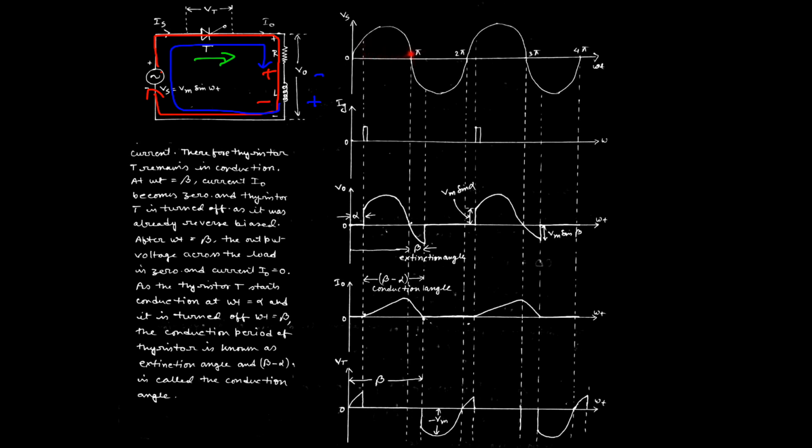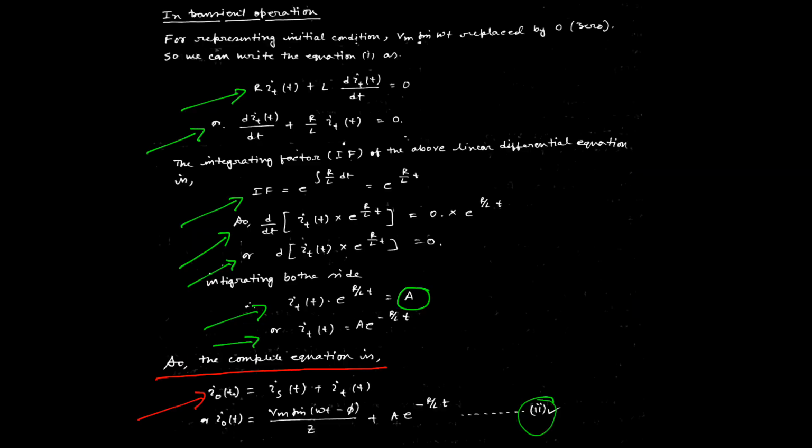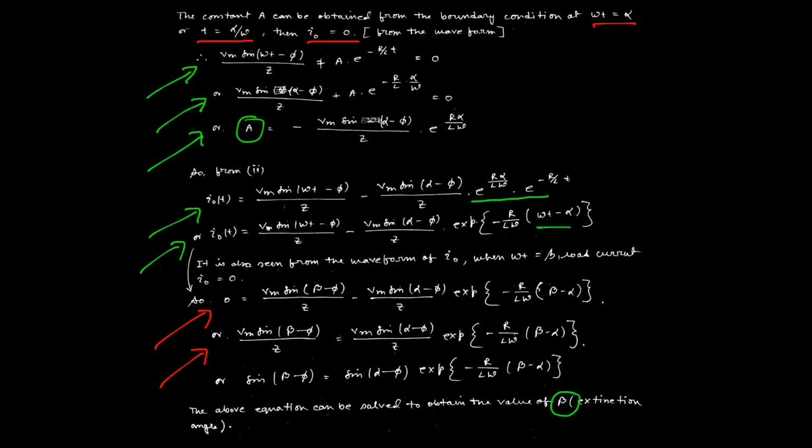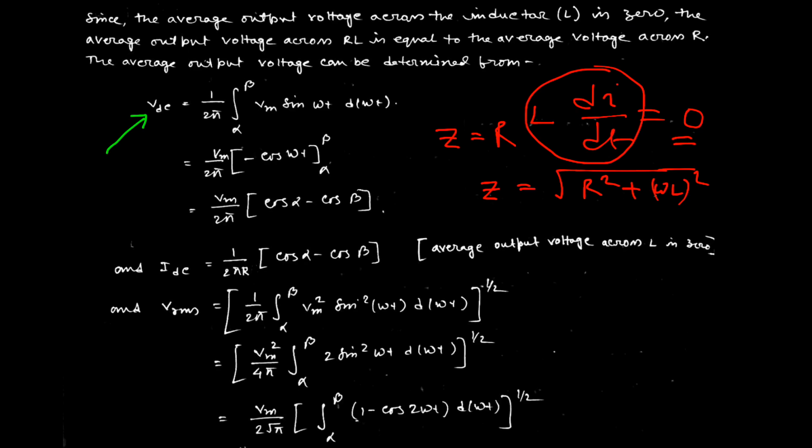A complete cycle means 0 to 2 pi, that is 0 to 360 degrees. In this case, from 0 to 360 degrees, the number of peaks is 1. So that can be written as 1 by 2 pi, for a complete cycle.